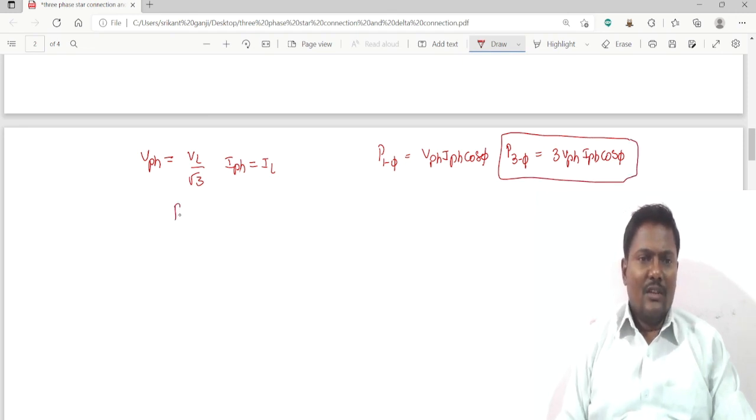So power in 3 phase is equal to 3 times V phase I phase cos phi.